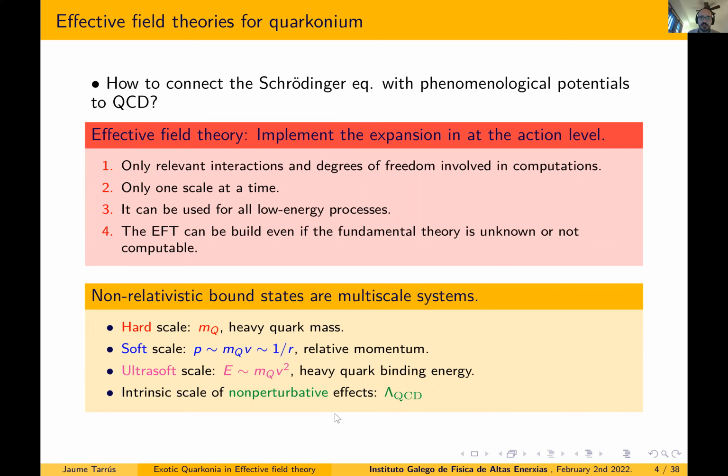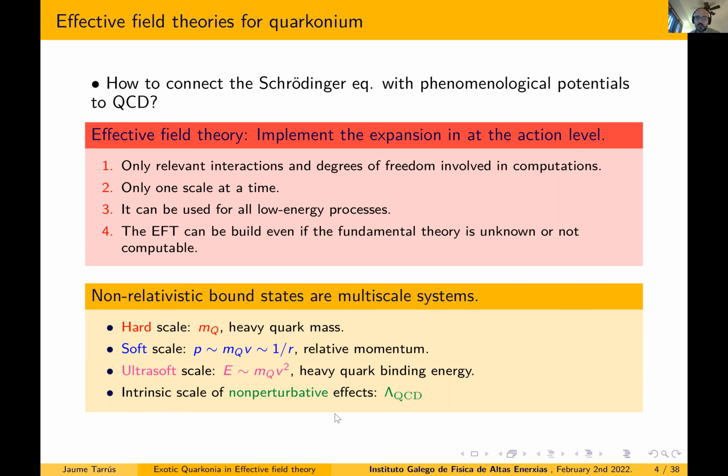And this has several advantages, in particular that since only the relevant interactions and degrees of freedom at low energy appear, this makes the computations easier. Also, we only have to deal with one scale at a time, which also simplifies computations. And finally, note that one can build an effective field theory even when the fundamental theory is not known, or we don't know how to compute in a particular energy region of interest, as would be the case for QCD at low energies.